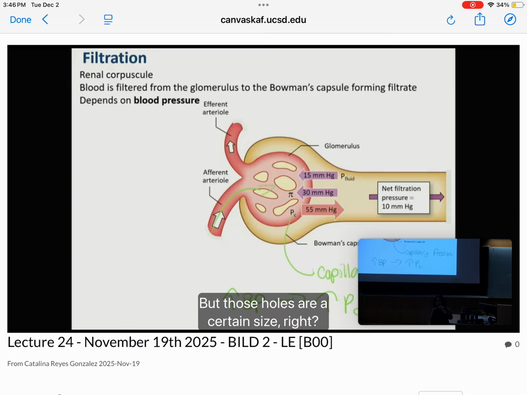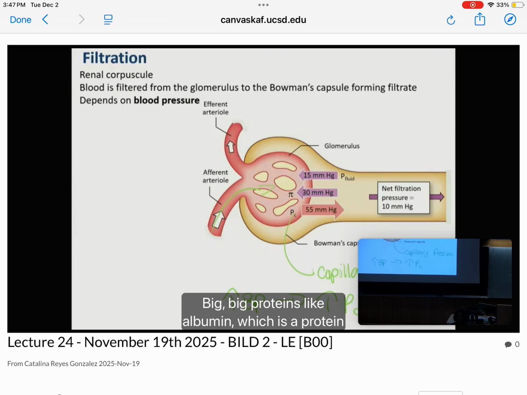But those holes are a certain size. So they're going to allow the fluid, which is plasma, which is basically 93% water, and some small solutes to move. Even slightly bigger ones, like glucose, can move and get filtered from the glomerulus into the Bowman's capsule. But your gigantic red blood cells cannot move.